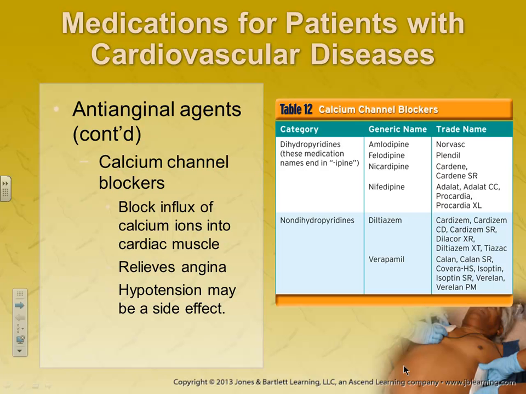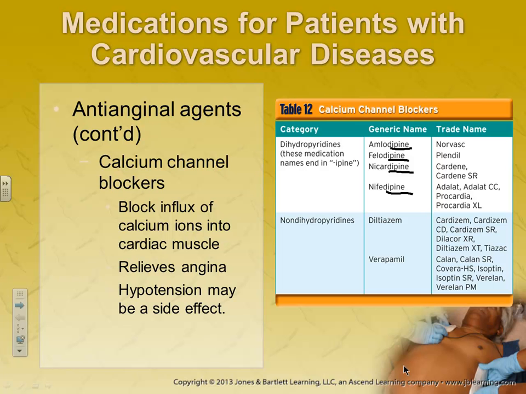This is the common suffix for calcium channel blockers. PINE, pine. Amlodipine, felodipine, nifedipine. All these, okay? So the calcium channel blocker and the beta blocker, they essentially do the same thing? They're both anti-anginals, they decrease workload on the heart. Right. So they essentially do the same thing, but they're acting on different areas of the heart.